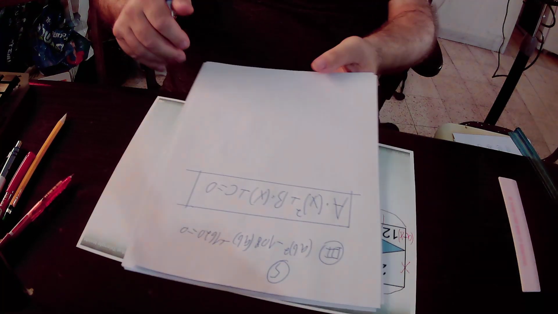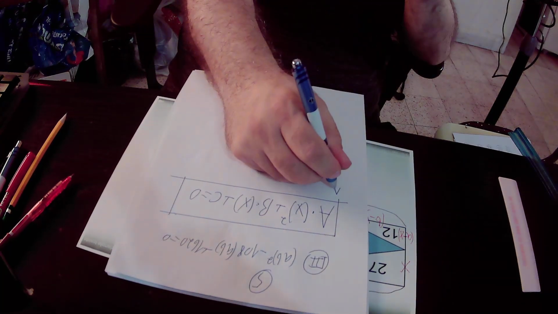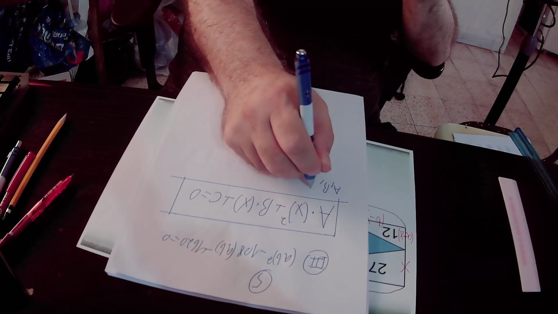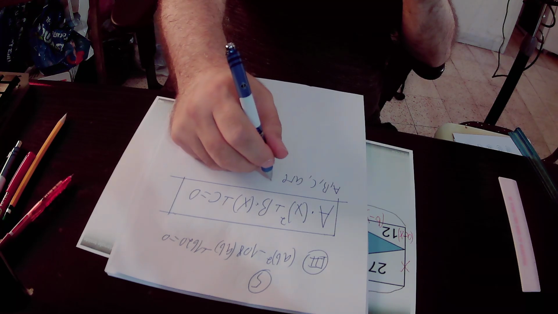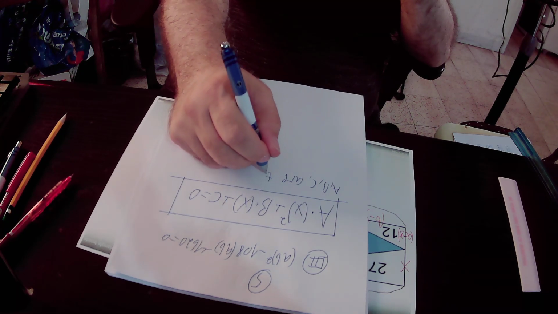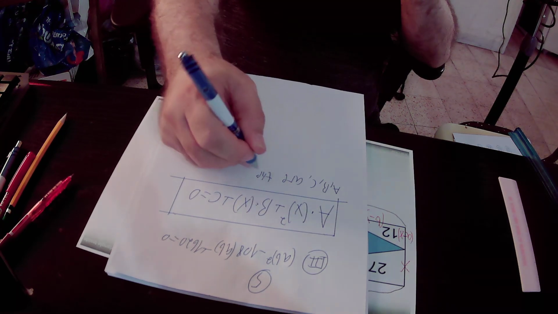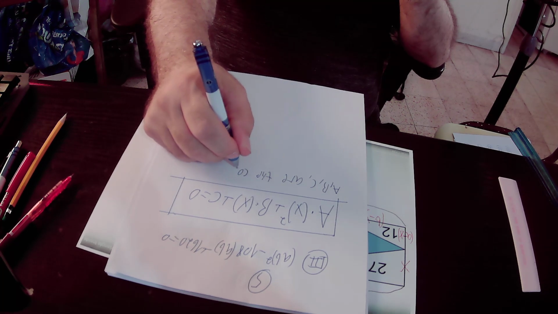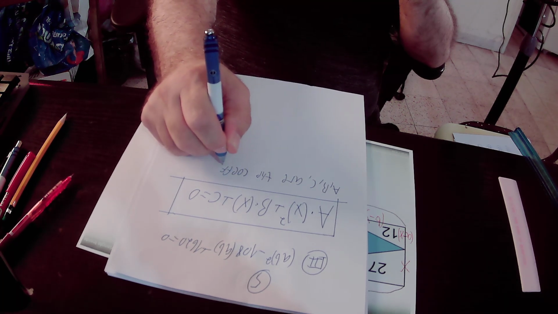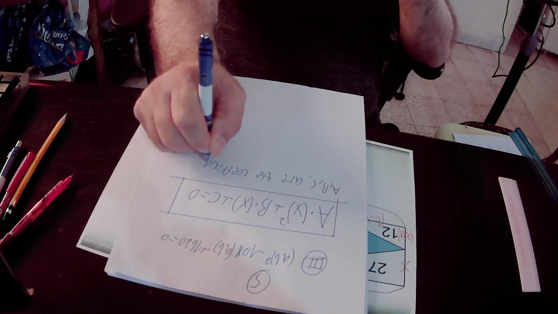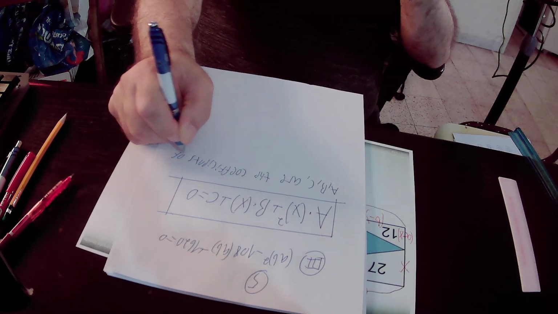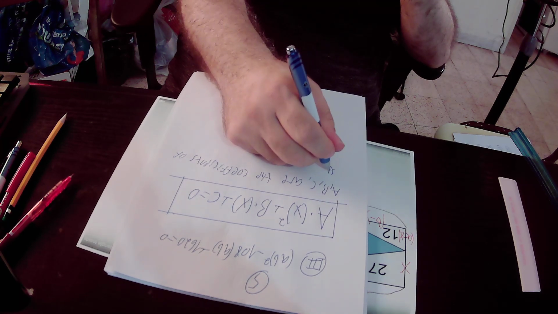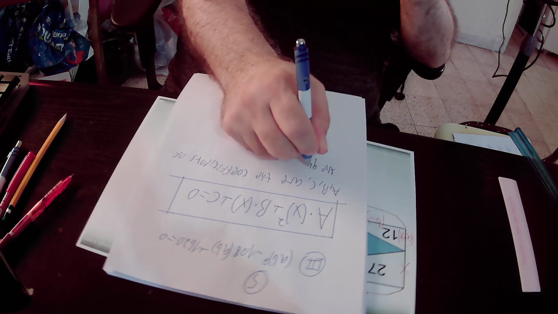Okay, I will write it down: A, B, and C are the coefficients of the quadratic equation.